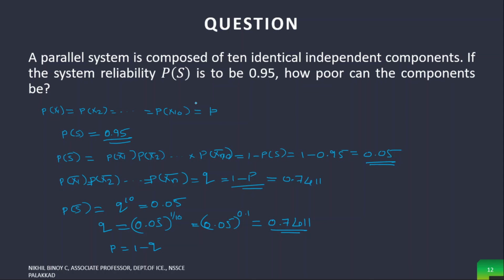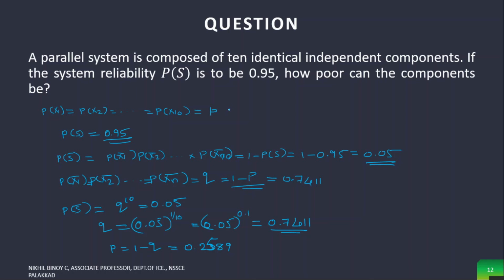P is the probability of survival of each component, each unit. So that is equal to 1 minus Q. Sorry, not 0.2389, it is 0.2589. P is equal to 1 minus Q, that is equal to 1 minus 0.7411 equal to 0.2589. Means how poor can the component be?